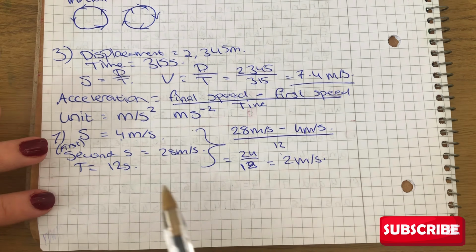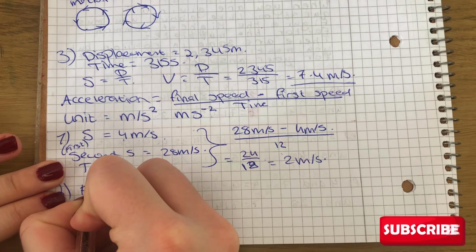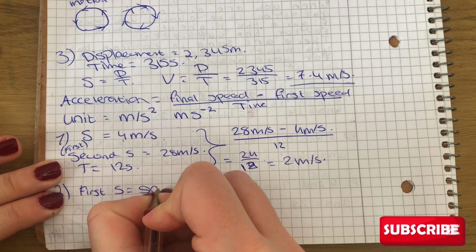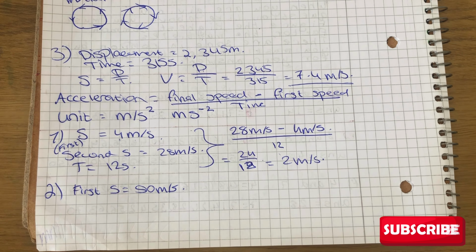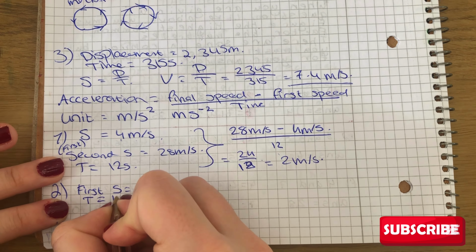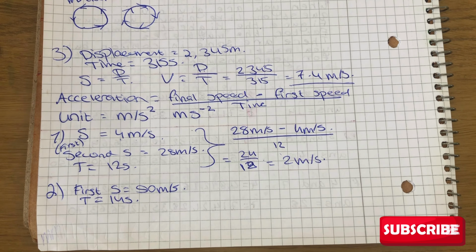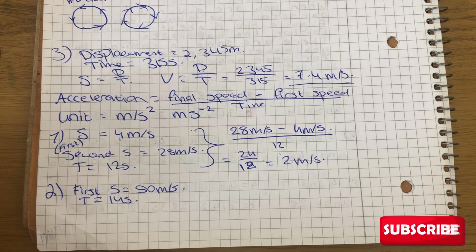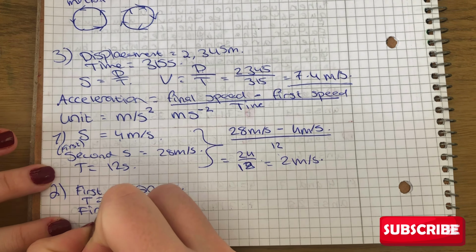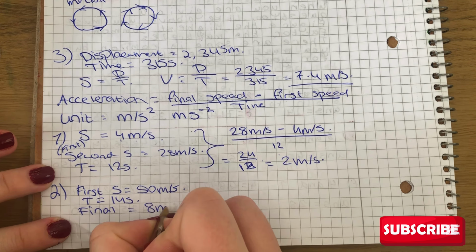Say you are given the problem: a train's first speed is 50 meters per second, and the train is traveling for the time of 14 seconds. And when it gets near to its destination, its final speed is 8 meters per second.